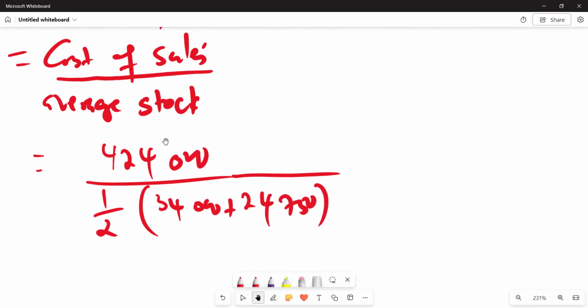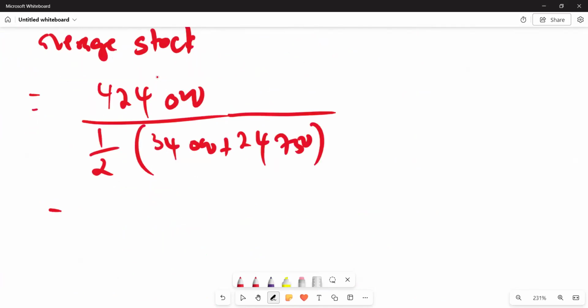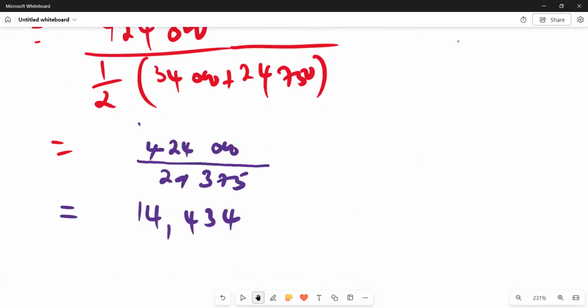Then we calculate it as such, you see the final answer that you are supposed to get there. Let's try to calculate that one. So obviously, when you calculate the average stock, we're saying 34,000 plus 24,750 divided by 2, you're going to get your 29,375.